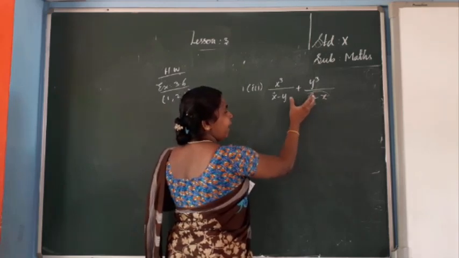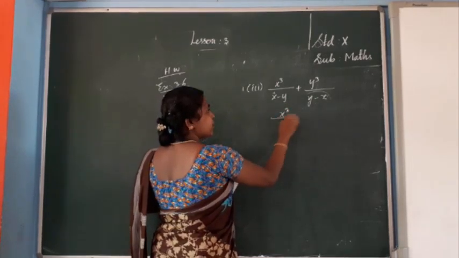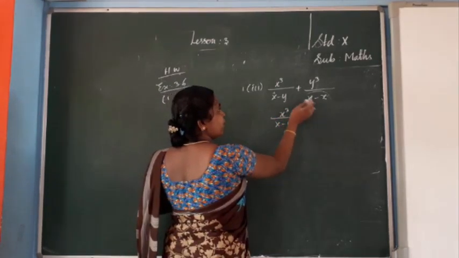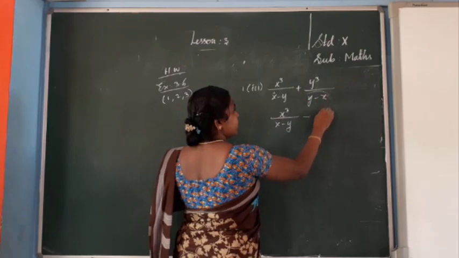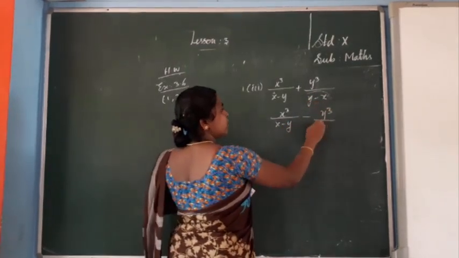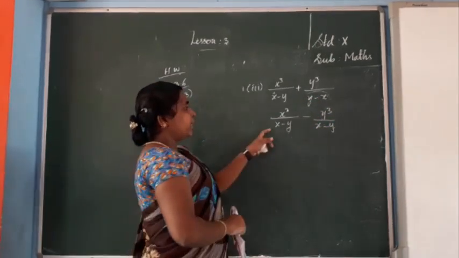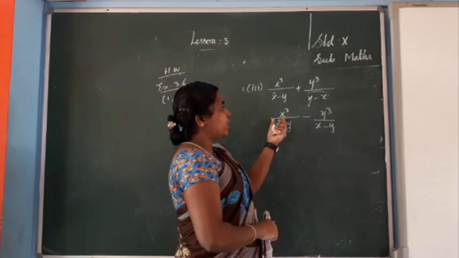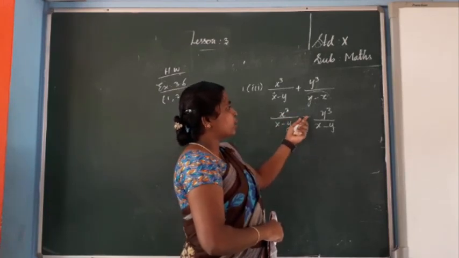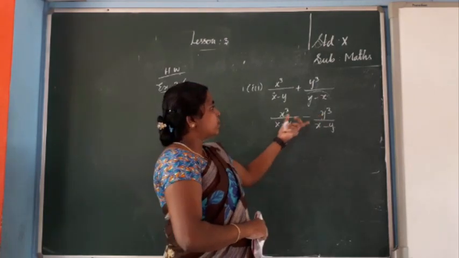Just take one minus outside and you will get the same value in the denominator also. So x cube by x minus y, here you take the minus, so what you get is minus y cube by x minus y. Now x becomes positive and y becomes negative. Now you can see the denominator is the same, so you write it on one side. Next you see the numerator x cube minus y cube. Use the a cube minus b cube formula. So you get the answer.